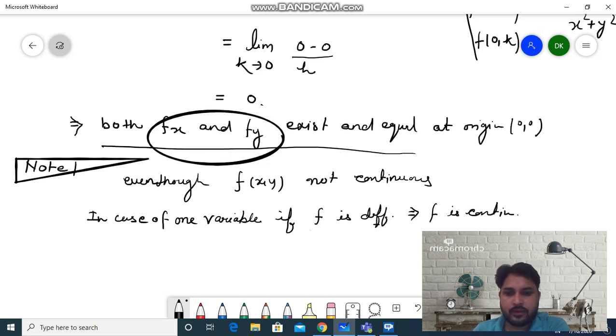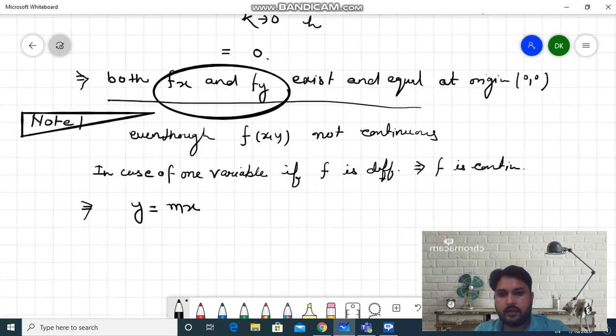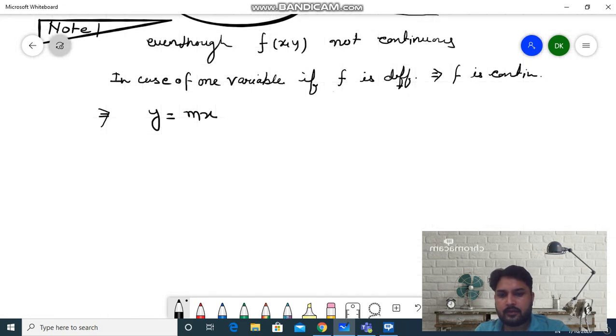We can check its discontinuity by taking the path y is equal to mx. Then if we take y equal to mx, we get the limit as (x, y) tends to (0, 0) of f(x, y).